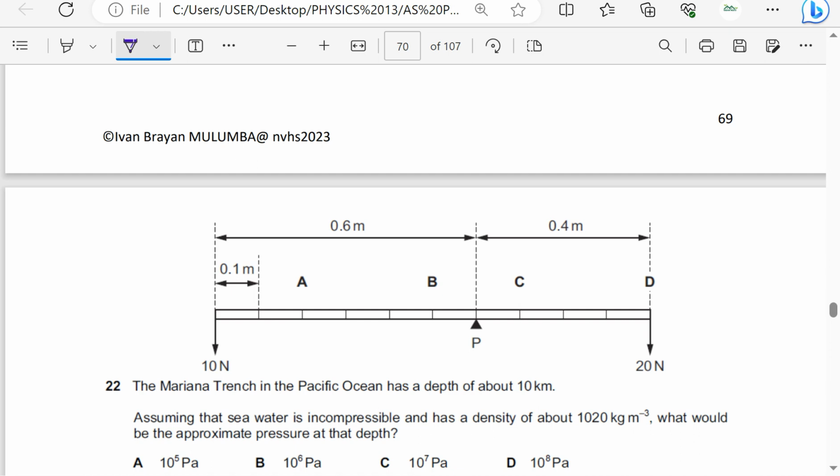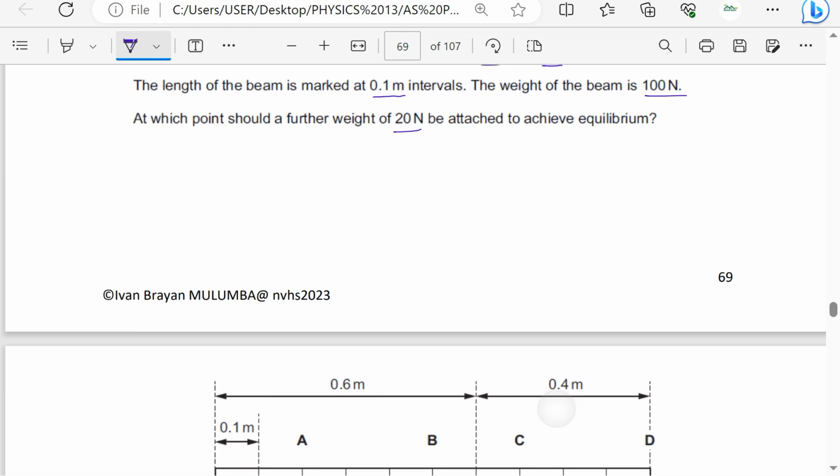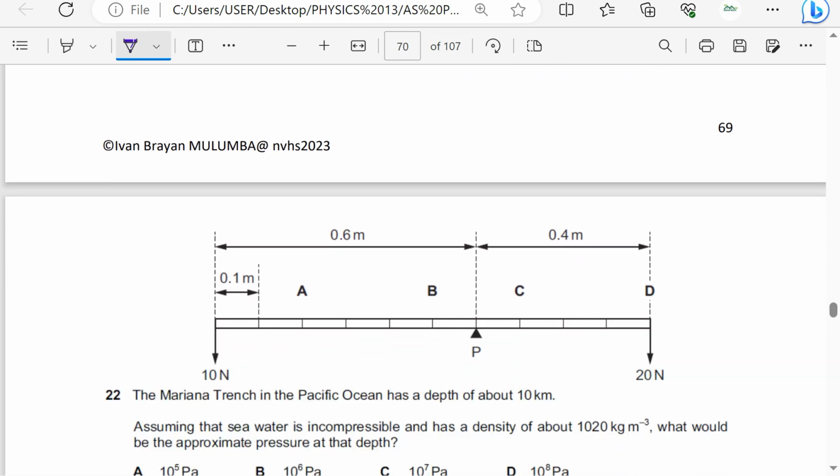So it is uniform, its weight acts at the center, it is 100 newtons. So the beam is 0.6 plus 0.4, that is 1 meter. So that is 0.5 meters, 1, 2, 3, 4, 5.